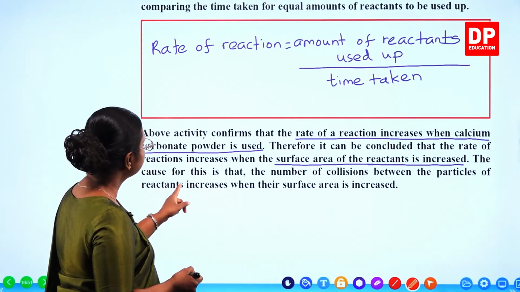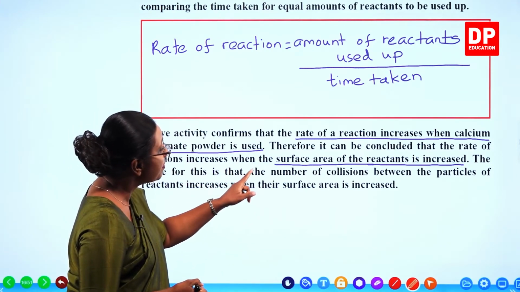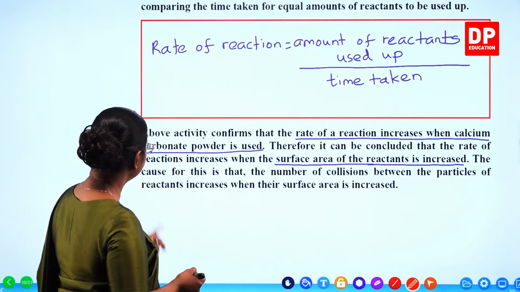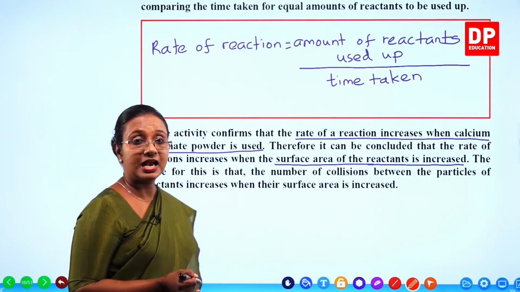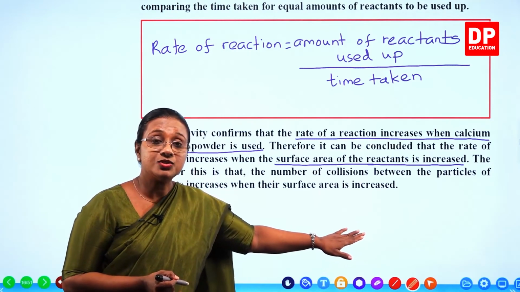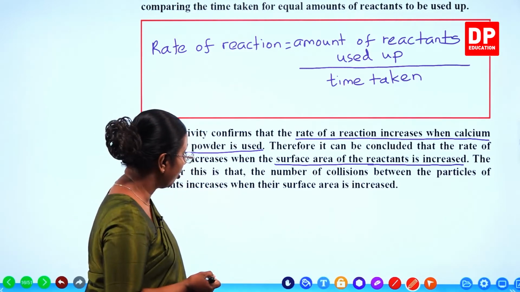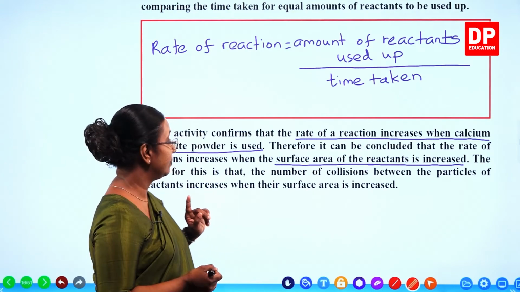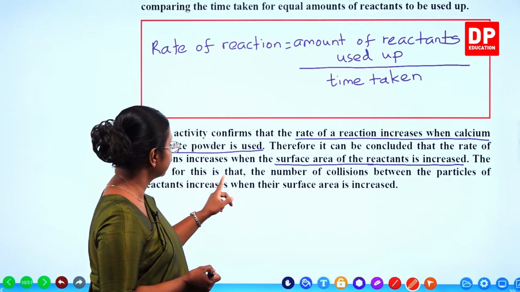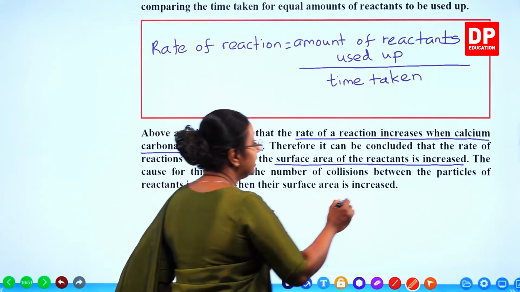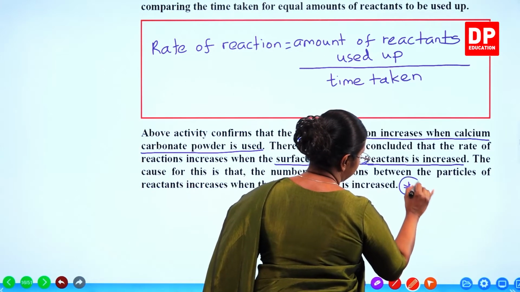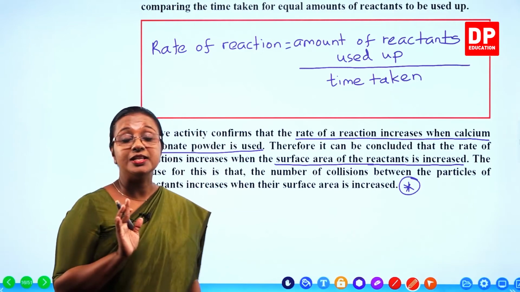The cause for this is that the number of collisions between the particles of reactants increases when their surface area is increased. That is also something that I explained to you all. It is very, very important, students.